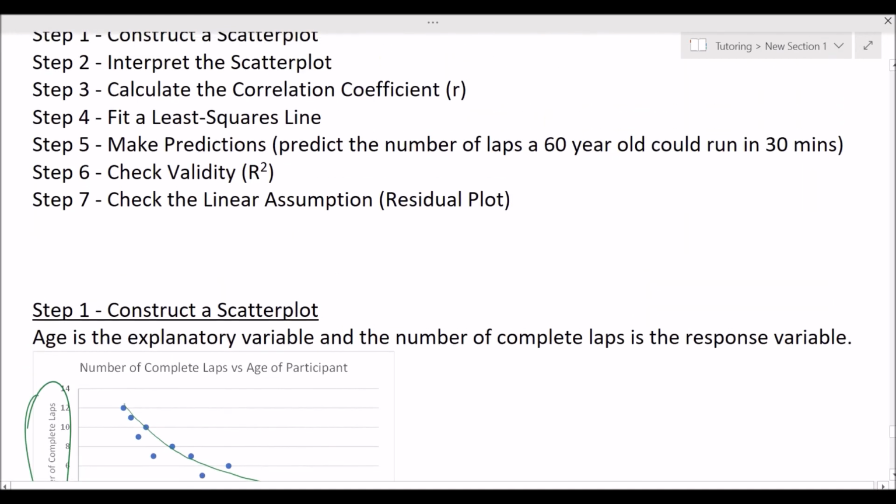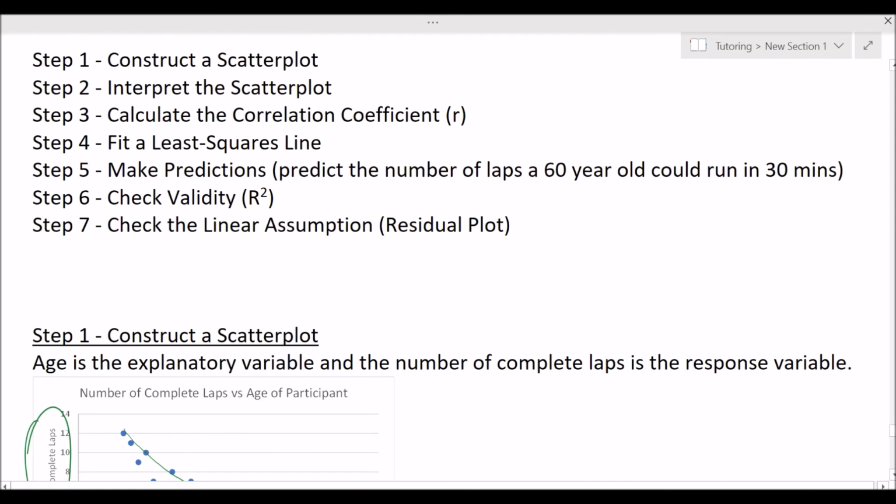All right, step 4. I want you to now fit a least squares line. And when I say that, I don't want you to draw it on your scatter plot. I want you to enter the data into your calculator and come up with the y-intercept and the slope and write that as the equation of a straight line. Okay, pause the video. Do that now.